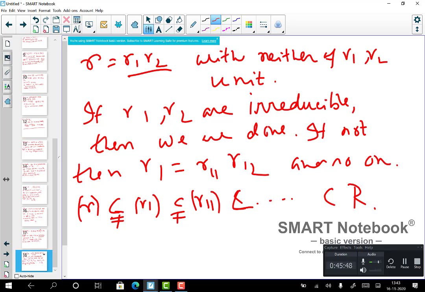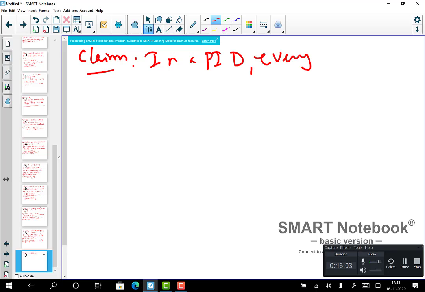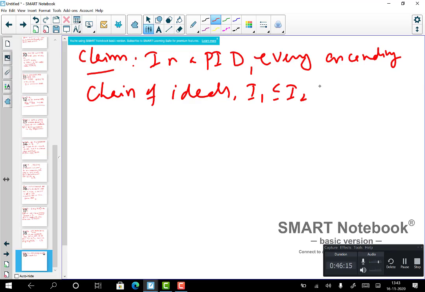Now why can this not be possible? Okay, so claim. My claim is that in a principal ideal domain, every ascending chain of ideals, for example, say I1, I2, and so on, terminates. What does that mean?